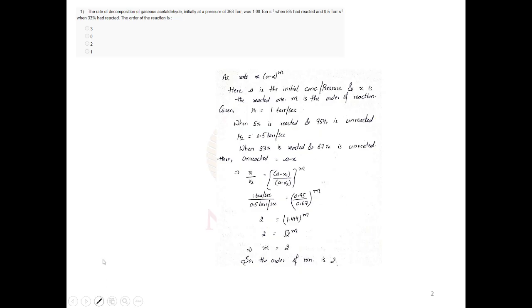This is one of the important questions. Now, if in terms of pressure they are giving torr, and if they give it in terms of concentration, some mole per kg or something like this, you need to follow the same procedure. So from here you can say that the order is 2, this is a second order reaction.